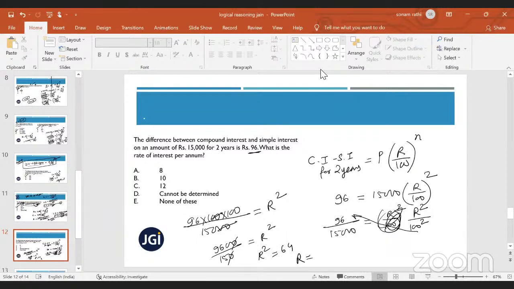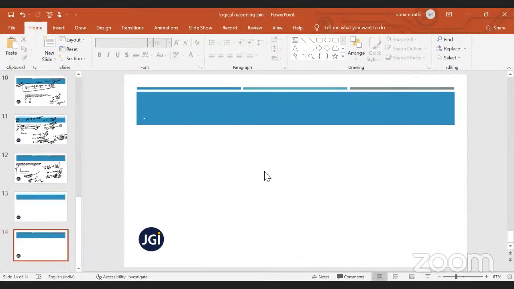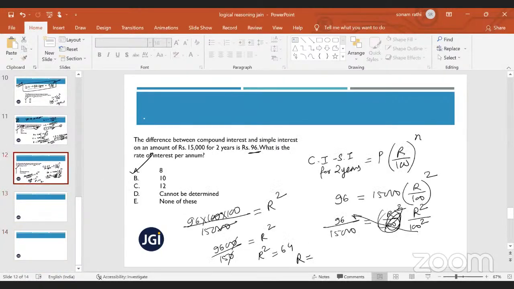R is equal to how much? 8. Yes? Yes or no? R is equal to 8. Yes, ma'am. Next question.